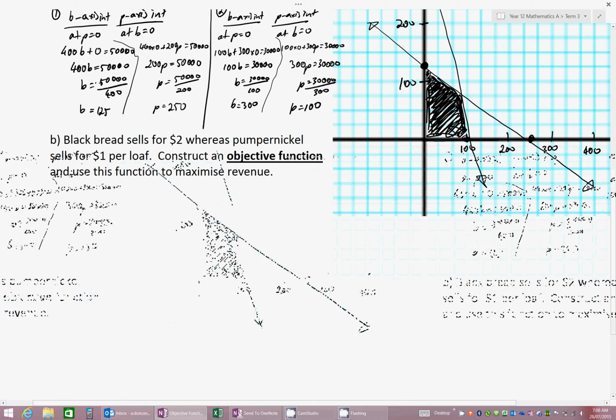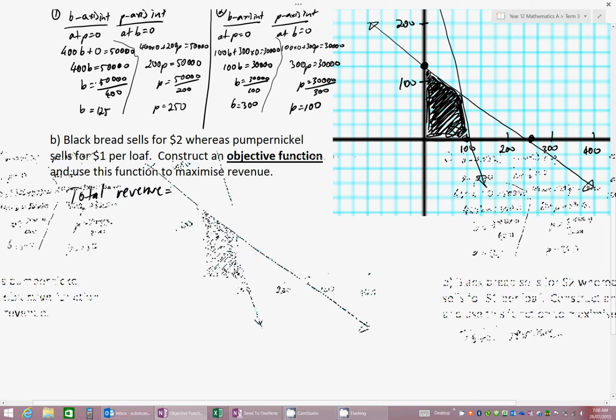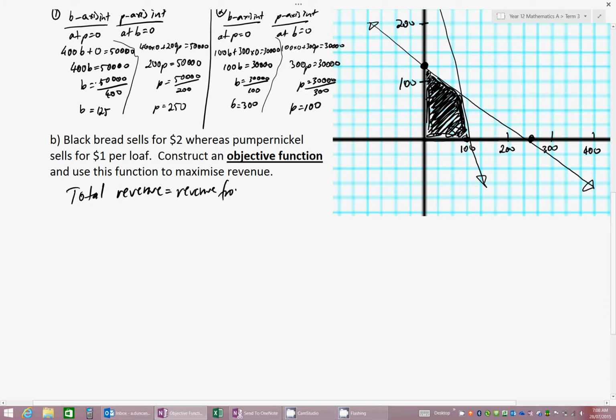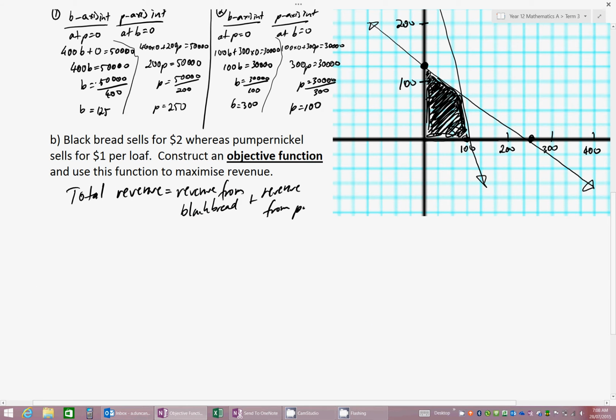Okay, so the total revenue is going to be the revenue from black bread plus the revenue from pumpernickel.